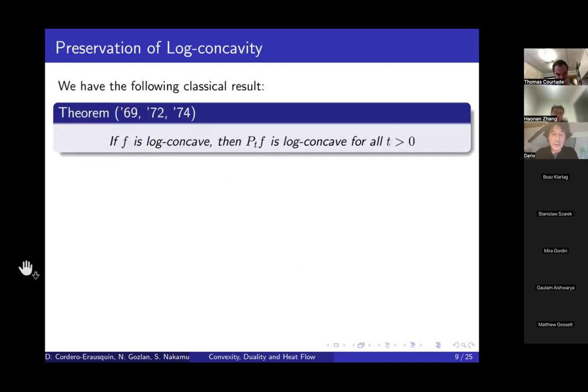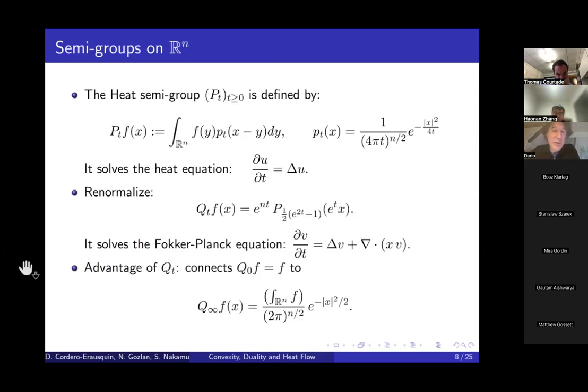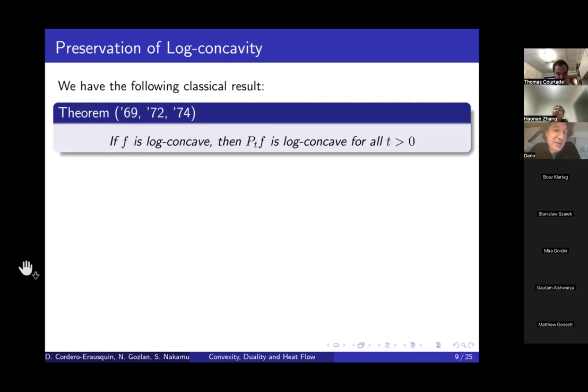And the first thing is that since we want to stay in the set of log-concave functions, you may ask whether this semigroup preserves log-concavity, and this is a very classical result that indeed, if f is log-concave, then it remains log-concave at all times when f evolves along the heat or the Fokker-Planck semigroup.